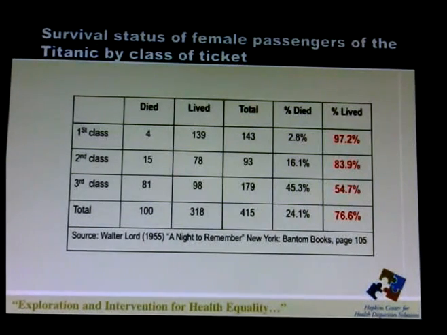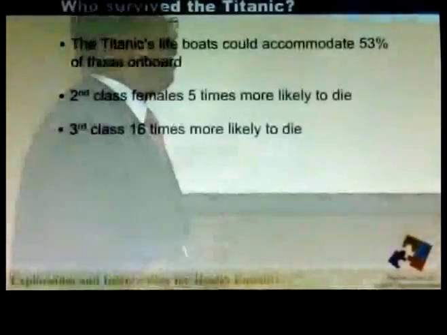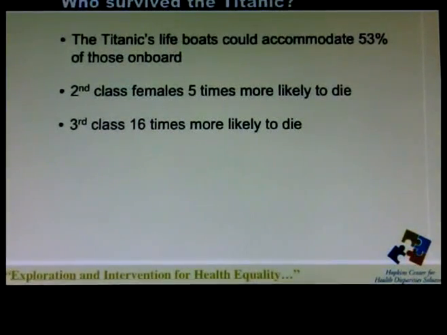That the class of ticket predicted whether or not you survived the sinking of the Titanic. It was fascinating to me. It seemed to me this was a perfect analogy for the U.S. healthcare system. Big, expensive ship, giving out unequal treatment, destined to hit an iceberg and sink. But when you think about why it happened, it was really about scarcity and resource allocation.